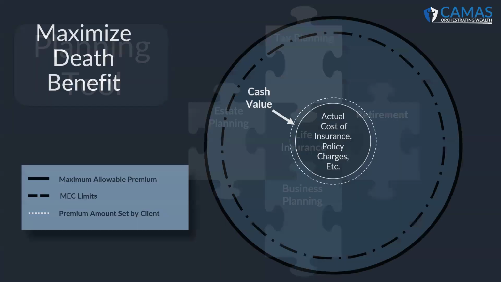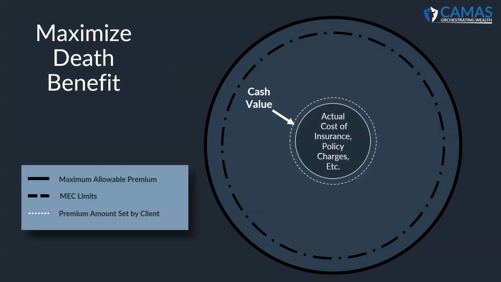When you look at life insurance, one of the things that happens out there is, how are we covering the cost of this policy? Well, if we want to maximize the death benefit of a life insurance policy, what we're looking at is getting enough premium in there to pay the cost of the policy with very little or no cash value.